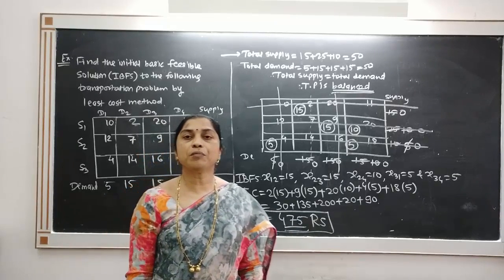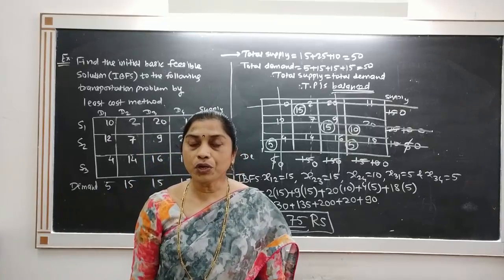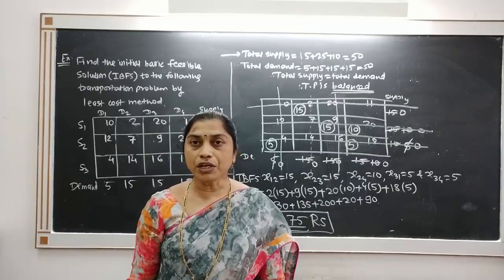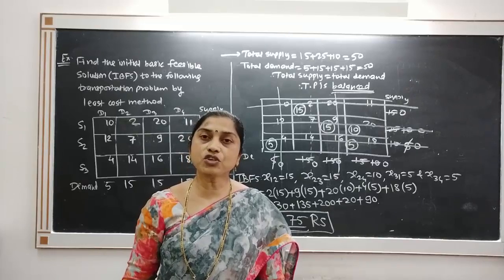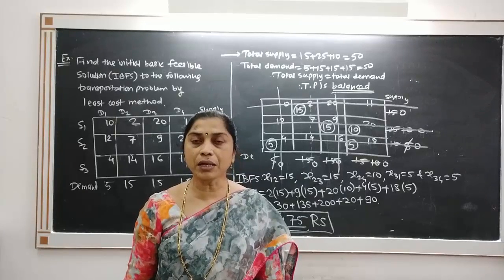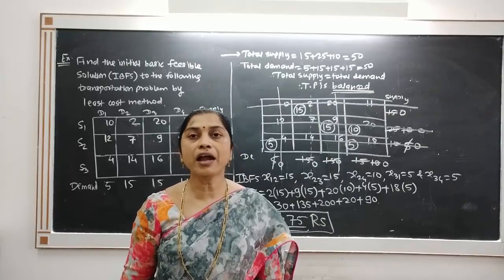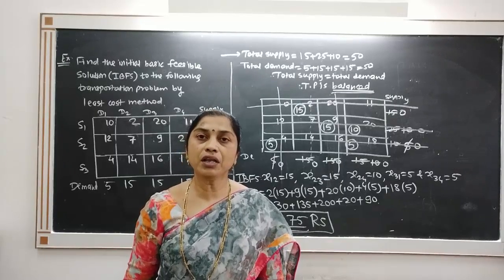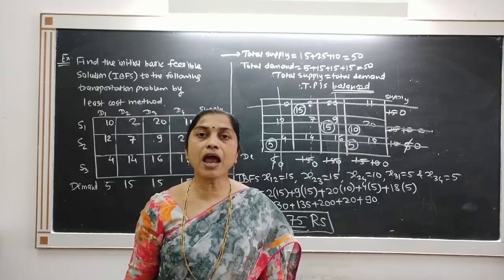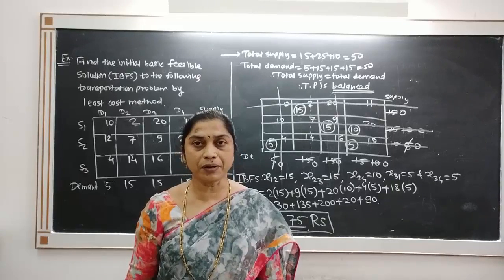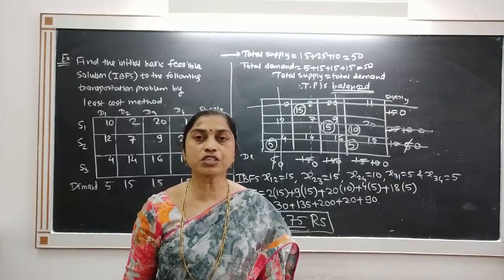Hope you understood the method. What we are doing is allocating to the lowest cost cell every time from the remaining uncrossed rows and columns, and continuing the procedure till the whole supply and demand gets satisfied. That is the least cost method.